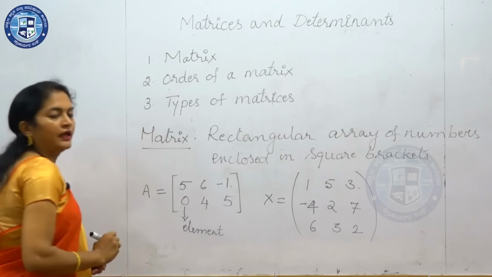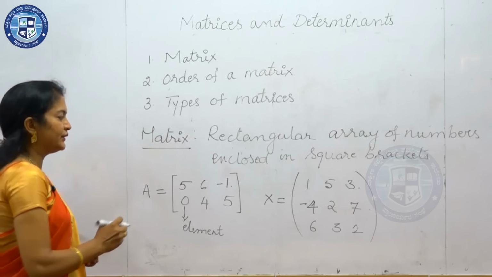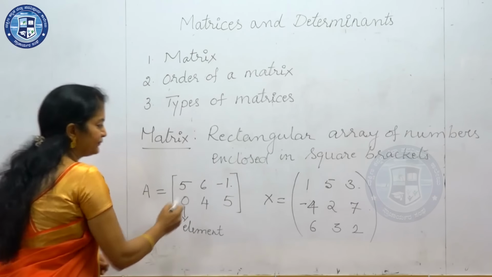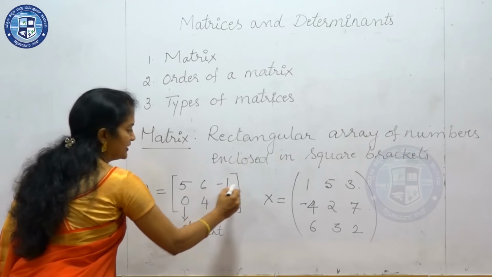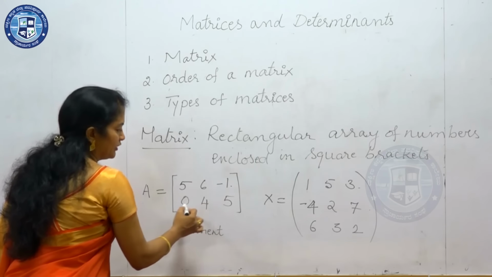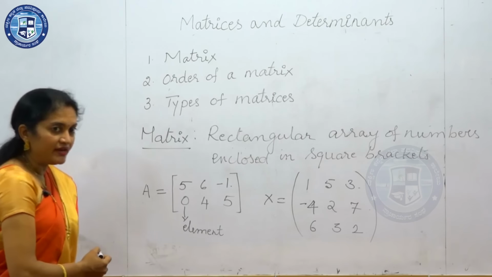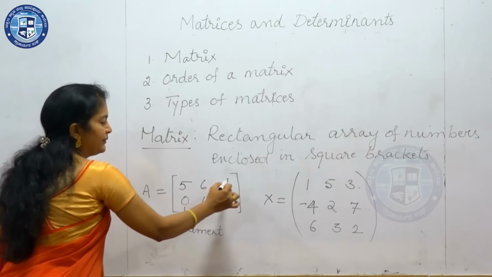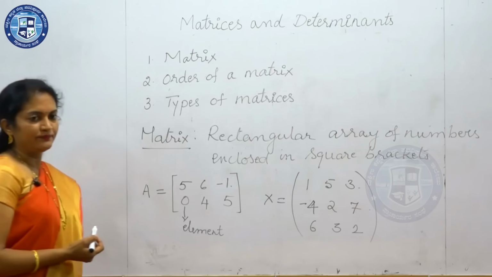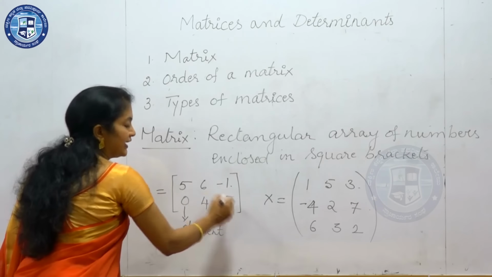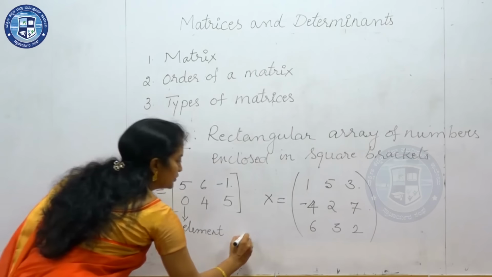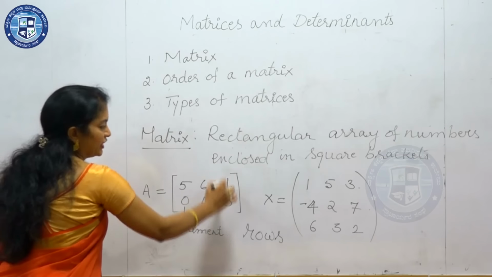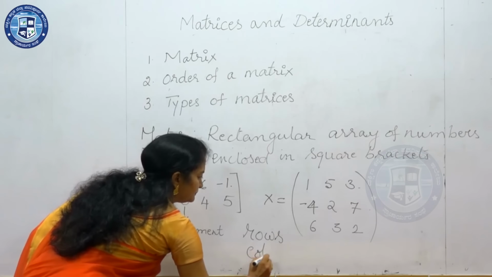Now in the matrix you can see some numbers are in horizontal lines. 5, 6, -1 are in a horizontal line. 0, 4, 5 are also in a horizontal line, whereas 5, 0 are in a vertical line, 6, 4 in a vertical line, and -1, 5 are in a vertical line. Those horizontal lines are called rows and the vertical lines are called columns.